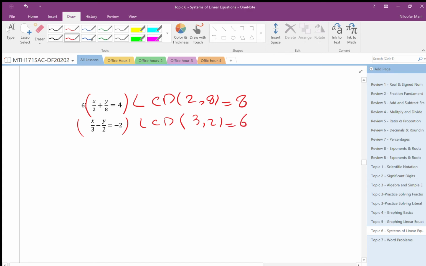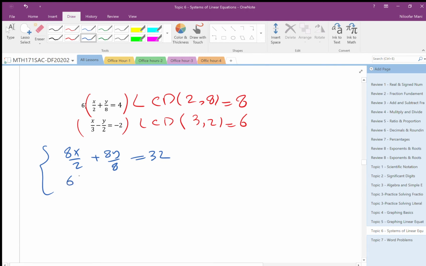You multiply that. And then you see you have 8x divided by 2 plus 8y divided by 8 equal 32. Remember, you have to multiply both sides. Many times I see a student, they multiply one side and the other side they just keep it. No. Multiply both sides. How about you multiply 6?